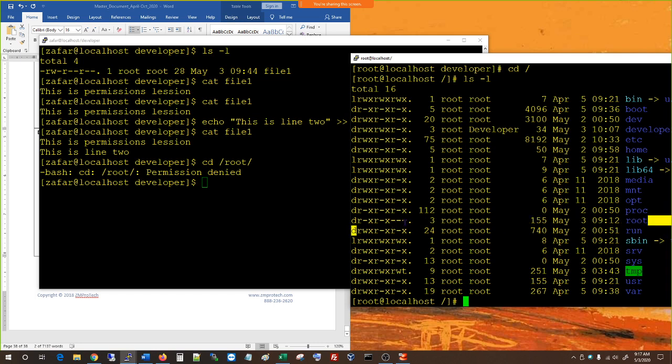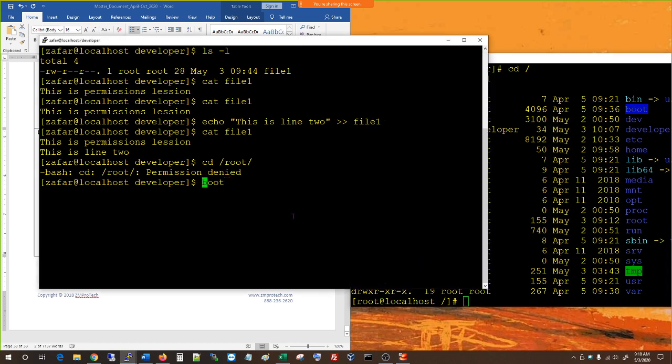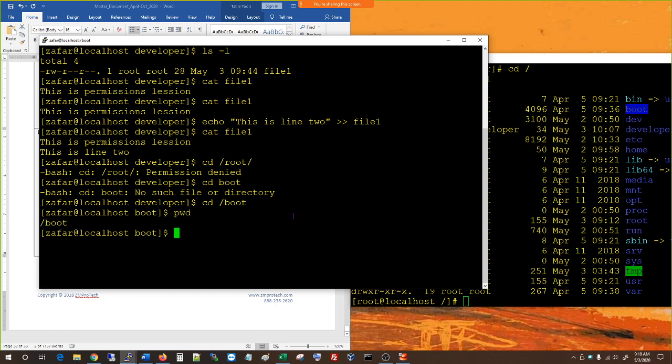The root user folder doesn't have these permissions. So if I'm a regular user, I could go into almost any directory here because I have execute permission, except the root user's. As a regular user, let me go into a folder named boot, cd /boot. So I'm able to go in there.